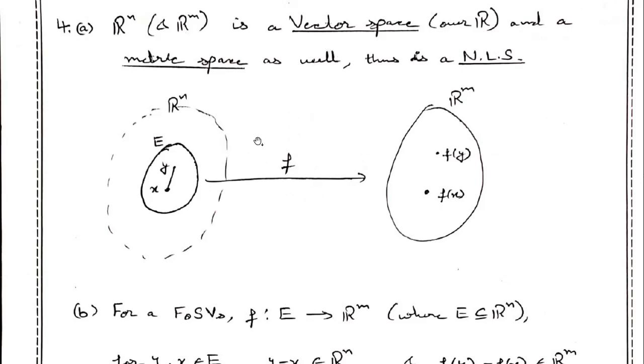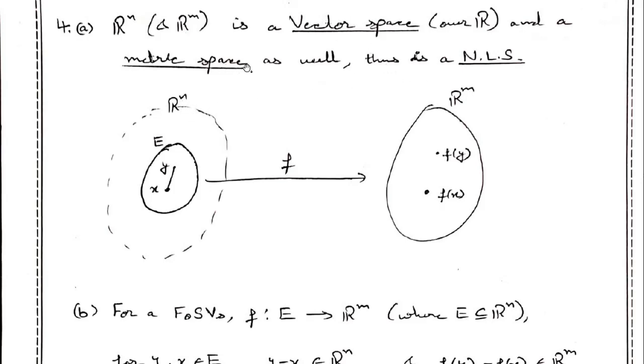Let us first understand the properties of the domain and codomain. They are vector spaces. Rn, and Rm also, is a vector space over R, and it's a metric space also, with respect to its own metric. Both are called the Euclidean metric in their spaces.